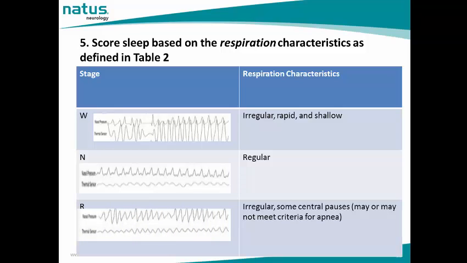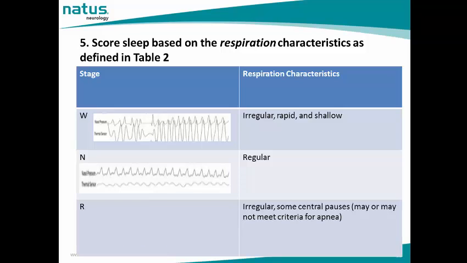For stage REM, the breathing pattern is irregular with the chance of having central pauses.